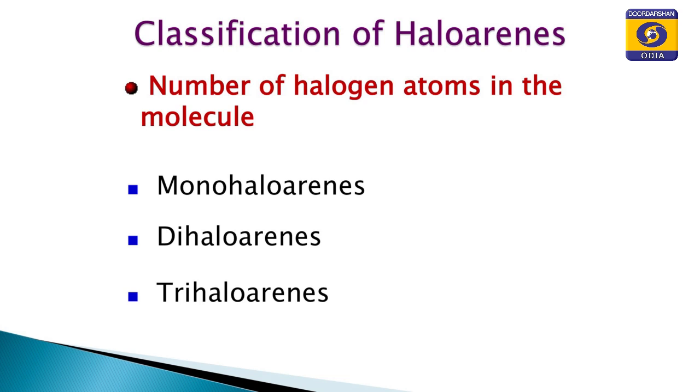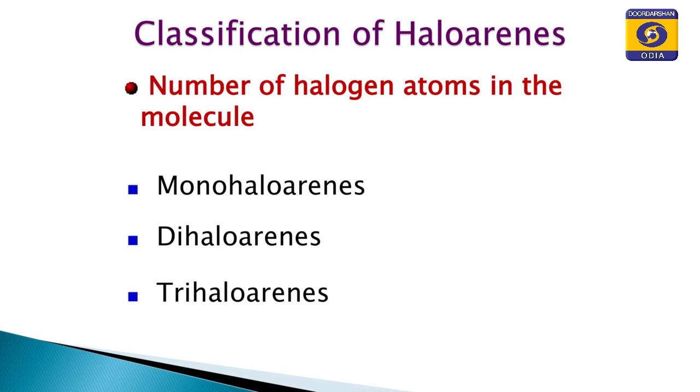Now, the classification. If this is the haloarenes, then how are the haloarenes classified? Like haloalkanes, haloarenes are also classified by two methods. The first method of classification is based upon the number of halogen atoms present in the compound.